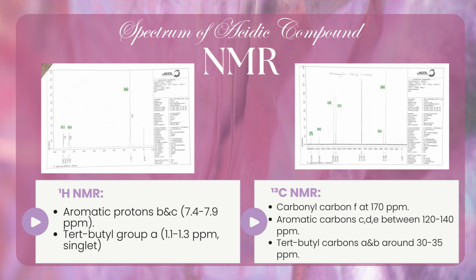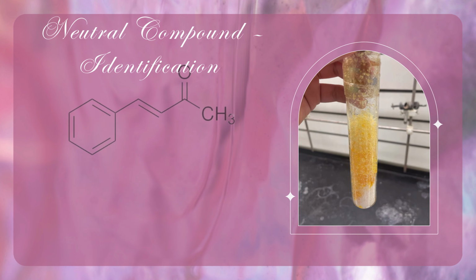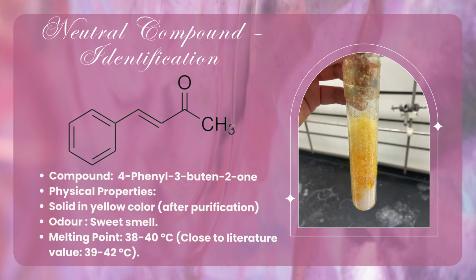The second compound that I isolated was a neutral component, which I identify as 4-phenyl-3-buten-2-one, a conjugated ketone, and the physical properties of this compound, including its pale yellow solid appearance and sweet odor, suggested a conjugated system, and the melting point that I observed was around 39 to 42 degrees Celsius, which matched the literature, confirming its identity.